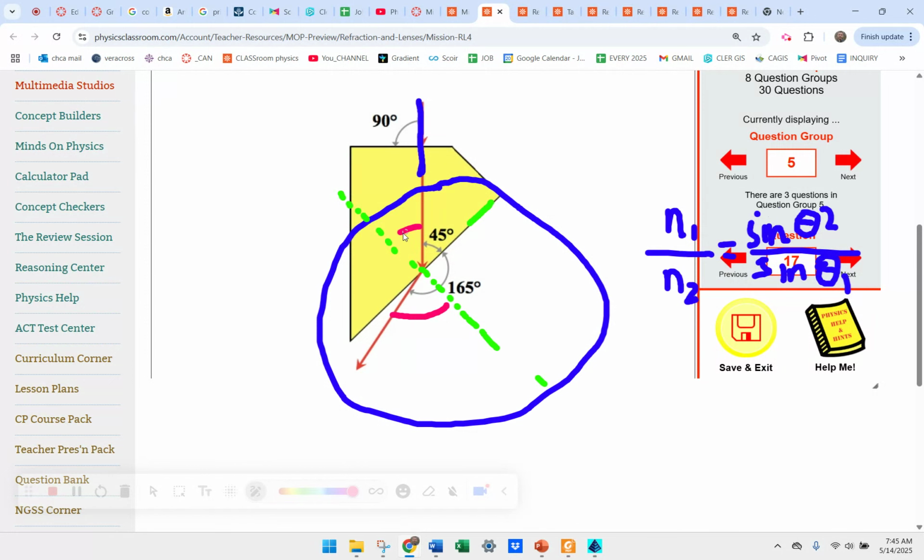and this angle here. And I think it's always useful, you always want to label one of these as 1 and one of these as 2. Just a little tip. Out here is air. Everything out here is air. And that air can actually round to an N value. The N value of air rounds off to 1. If you go far enough out, it's not 1, but it's about 1.